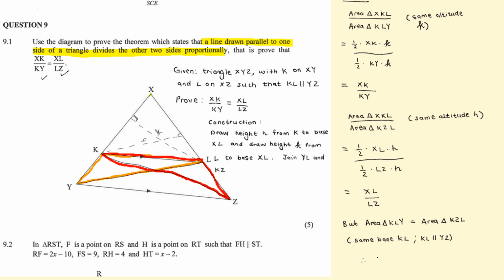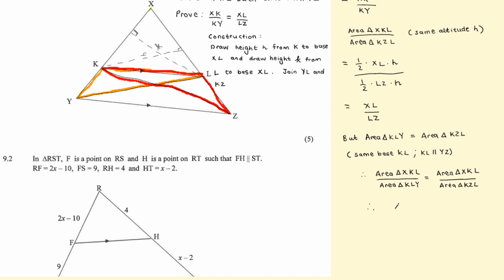Therefore, we can say that the area of triangle XKL to the area of triangle KLY is equal to the area of triangle XKL to the area of triangle KZL.